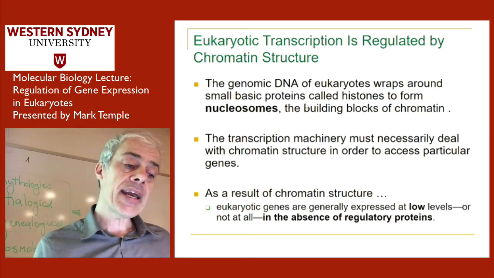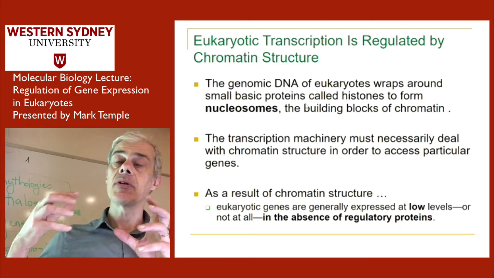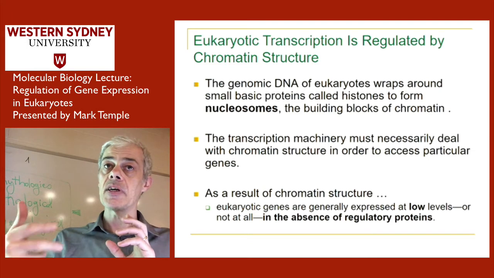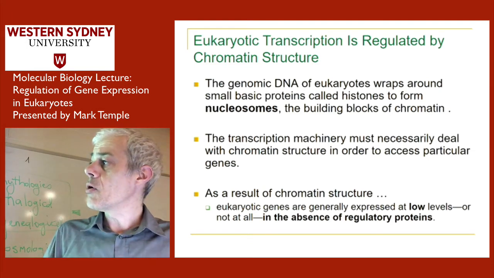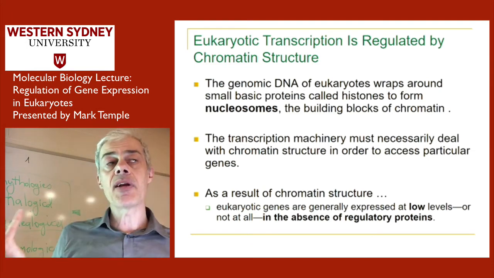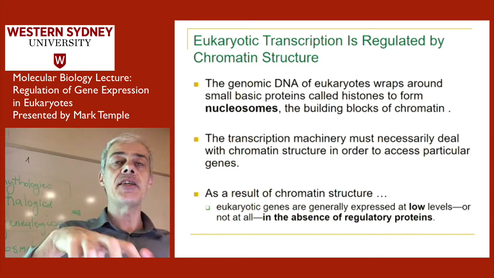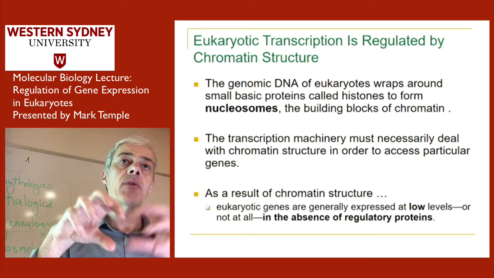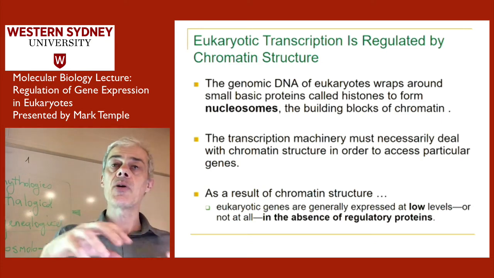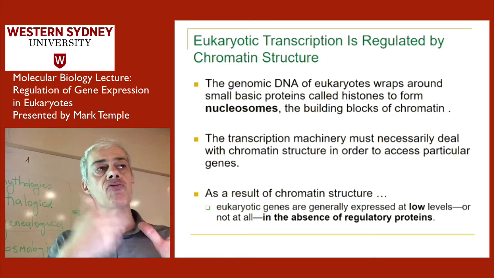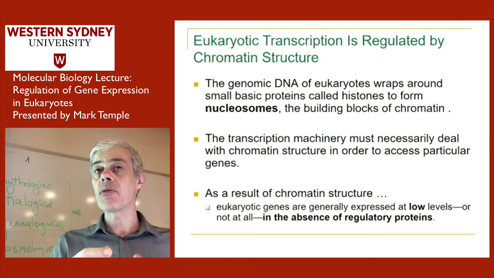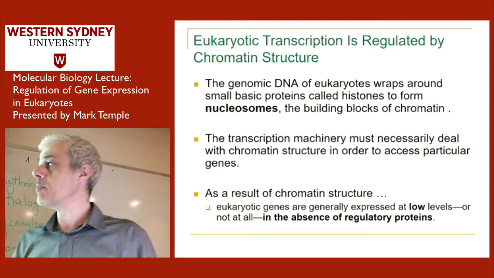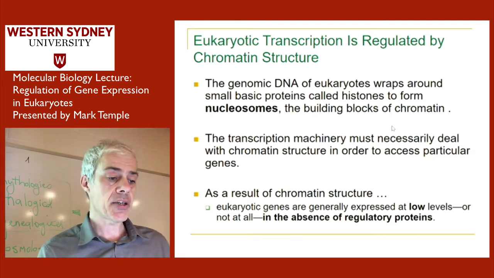So we've got DNA tightly wrapped around a nucleosome, or should I say tightly bound to the nucleosomes, because of the charge difference. So the RNA polymerase, which also wants to bind to DNA, can't bind to DNA easily when the DNA is bound to histones. It's a simple fact that the DNA is wrapped around and inaccessible because it's bound to these histone proteins, and then higher orders of structure make it even more obscure and more difficult to get to.